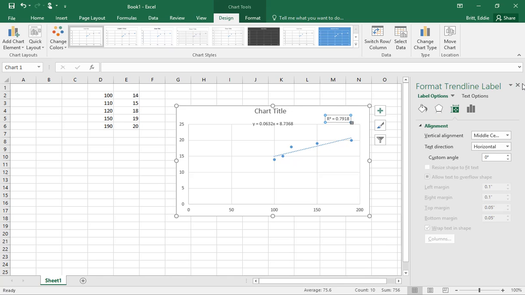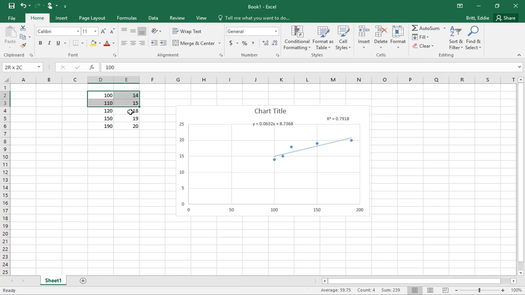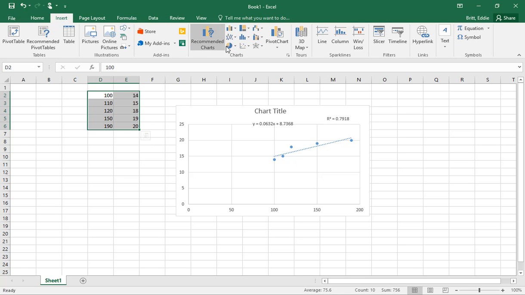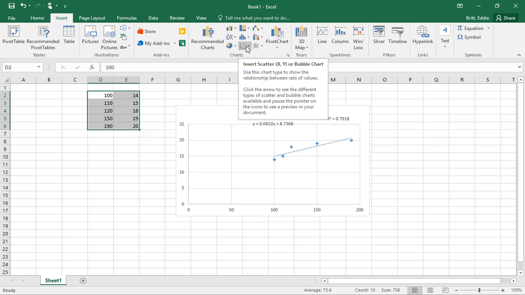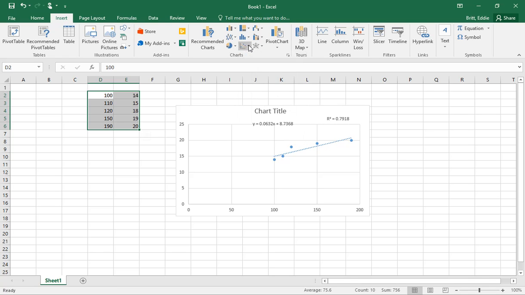So where did I get all that from? I had to select the data items that I put here, and then I had to go to insert, and then go over here to charts. You can actually see there's a chart right there. And once you click on that chart, it's going to make this for you.